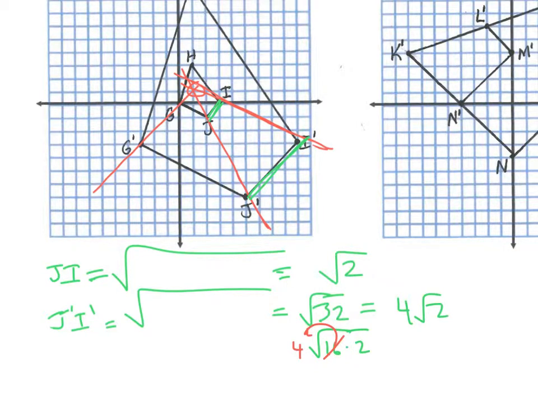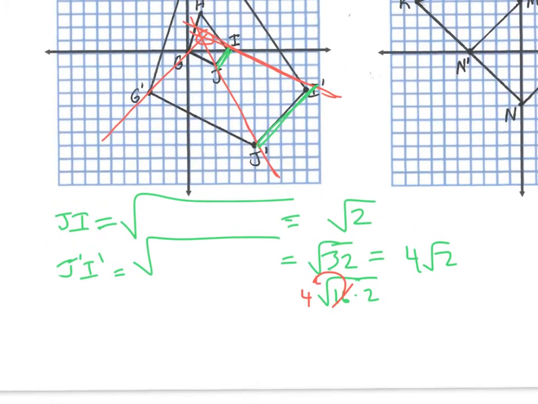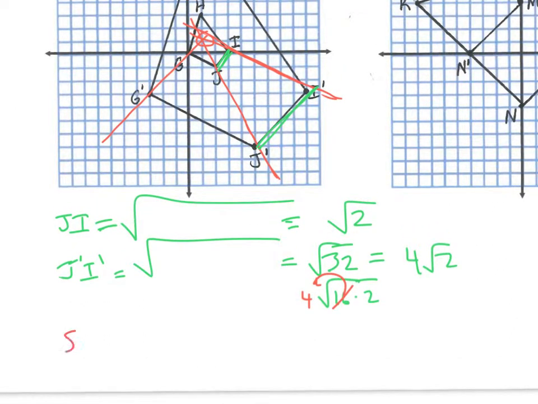Now, when I talk about that as a scale factor, I'm going to do, again, new over old, or image over pre-image. So I'm going to do J prime, I prime over JI.